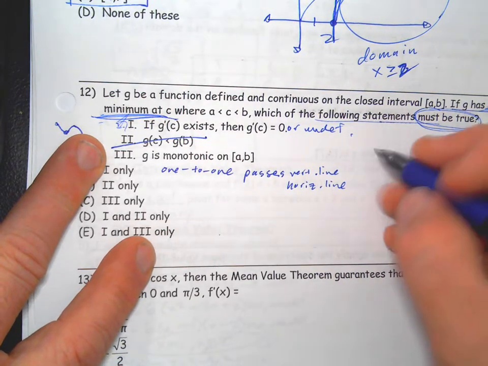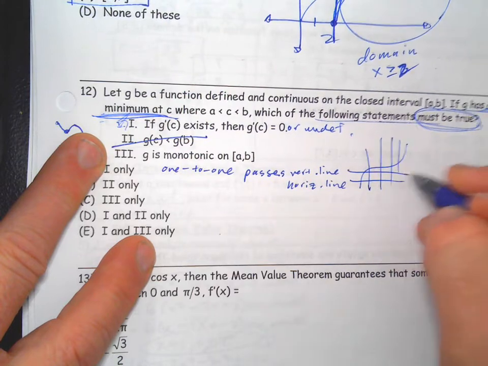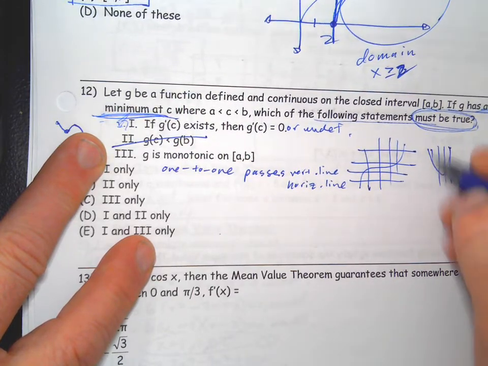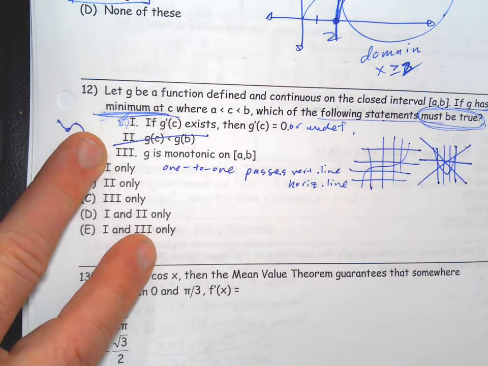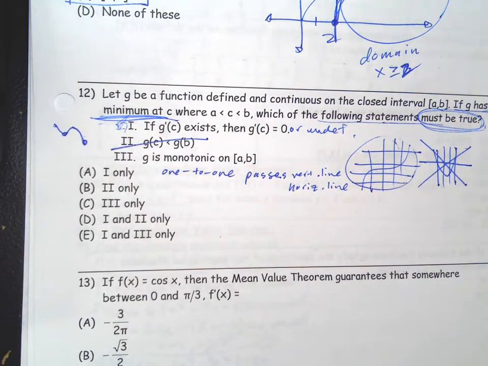So you can think like a cubic passes the vertical line test, but also passes the horizontal line test. A parabola is a function, but is not monotonic. So monotonic means you can't have the same y value more than once.